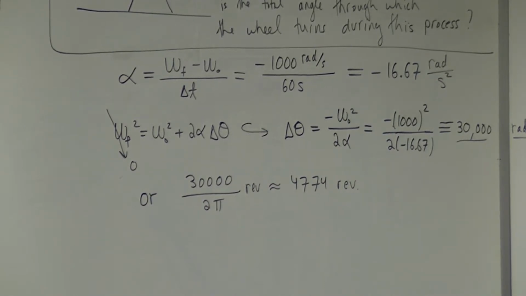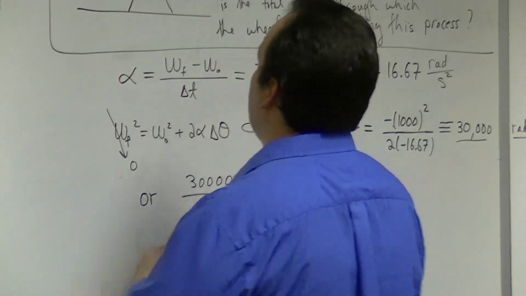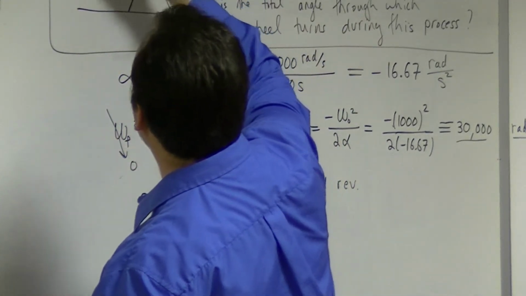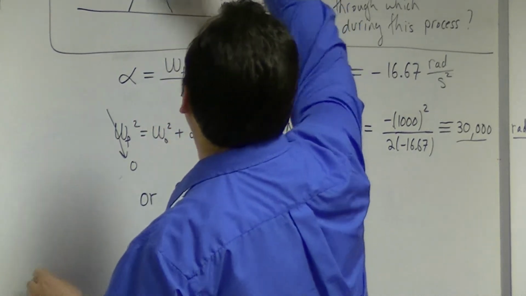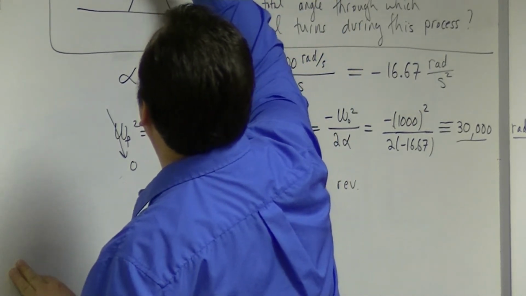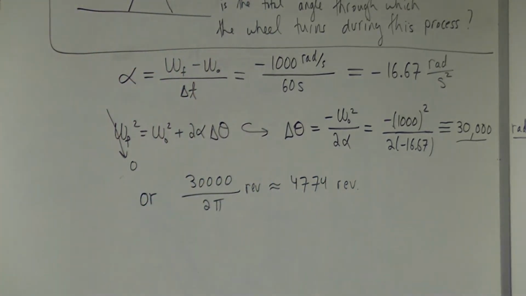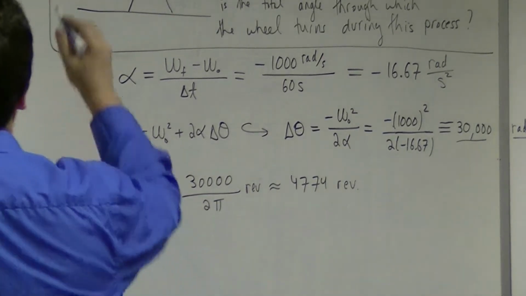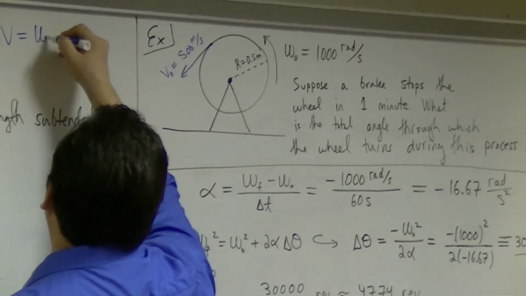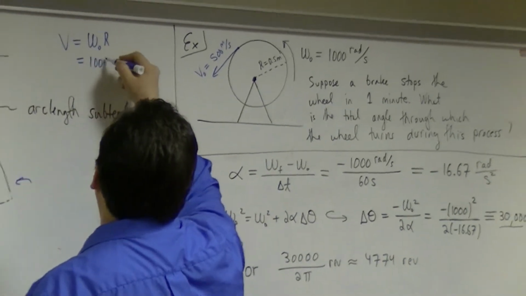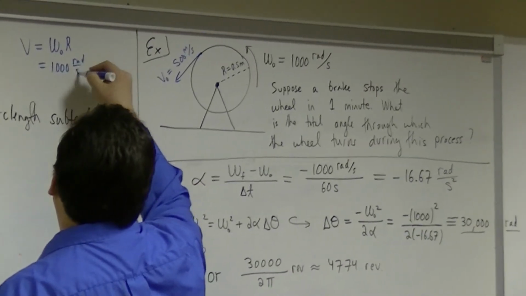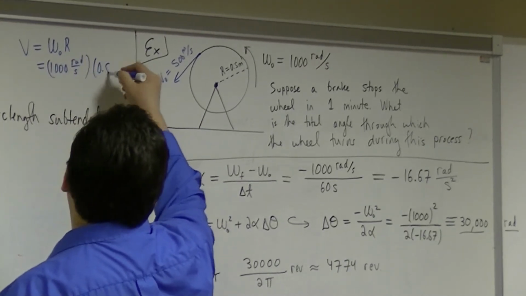Instead of saying 1,000 radians per second, I could have started this problem by saying a point on the rim has a speed of 500 meters per second. v is omega naught r, so 1,000 radians per second times a radius of 0.5 meters.